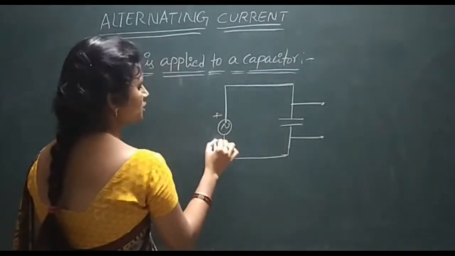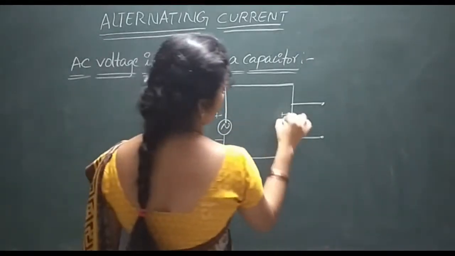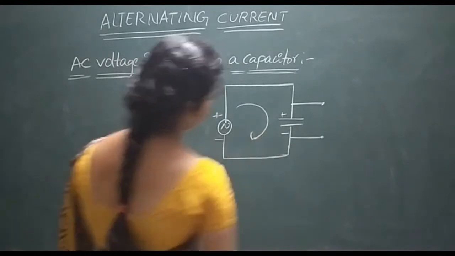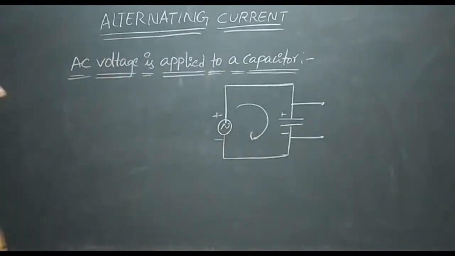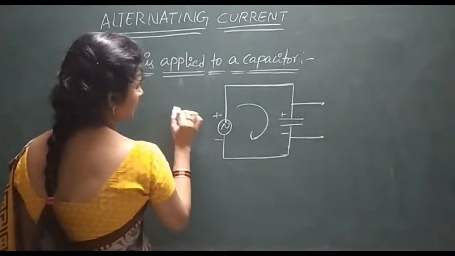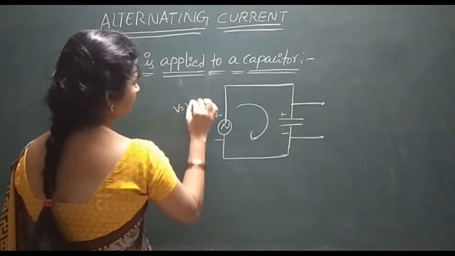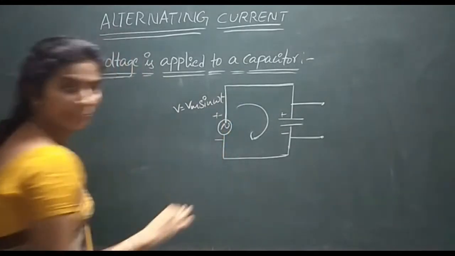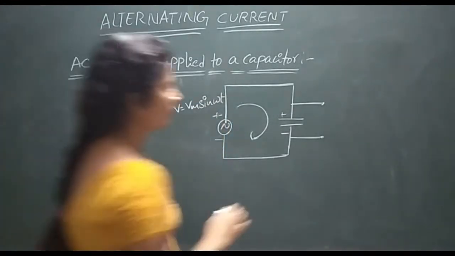This is the positive terminal and negative terminal, and this is the direction of the current. Here the voltage is V equals Vm sin omega t.